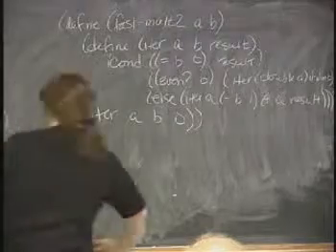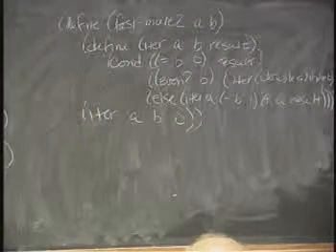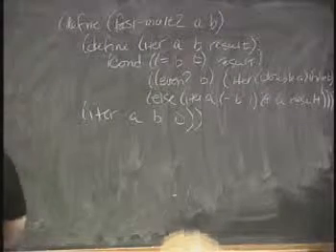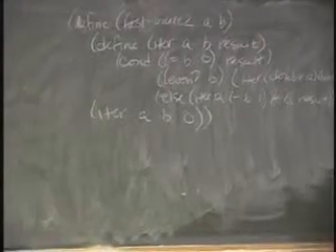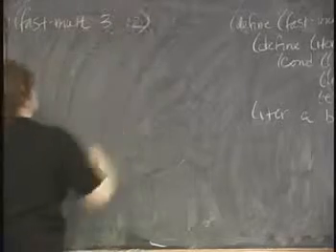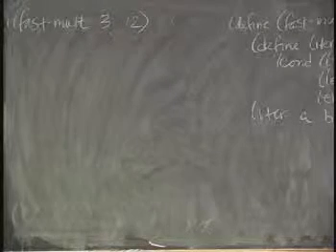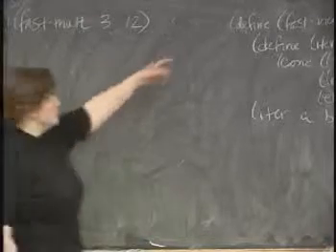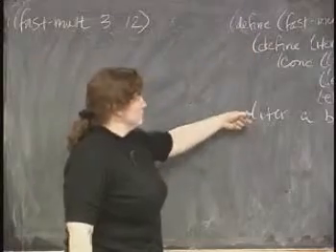So let's look at this one. Let's call fast-mult on 3 and 12, same as we used before. So what is our first call? What's the next line? Define.